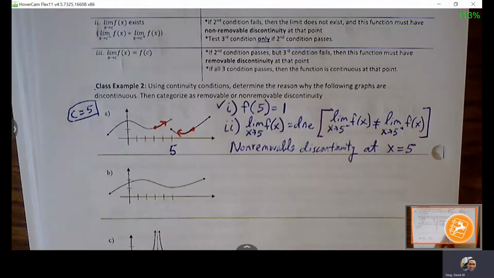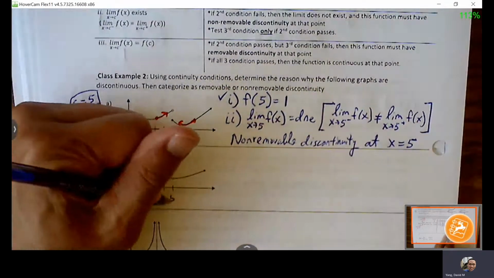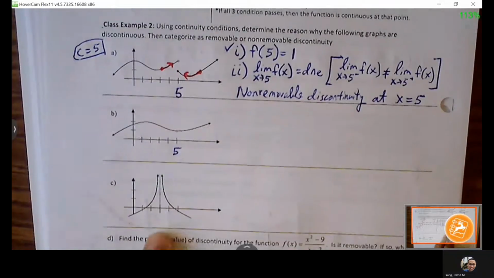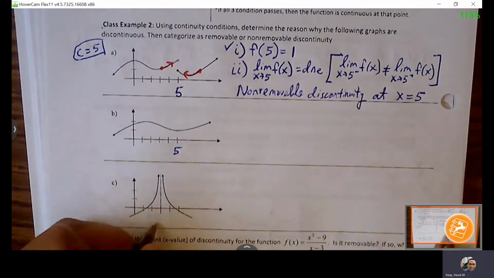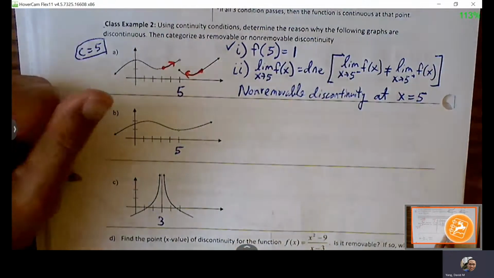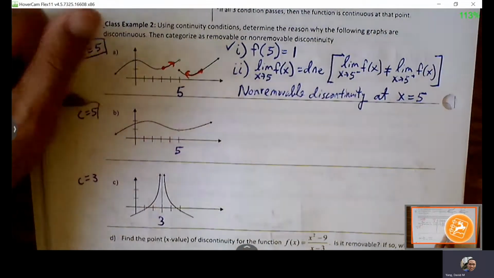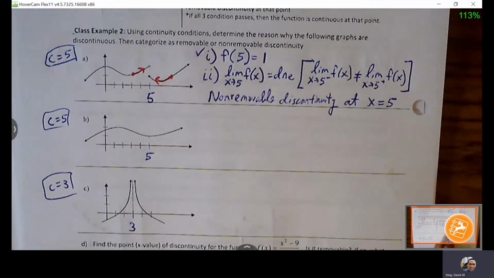So here, what is the c value for part B? 5, still 5, right? What's the c value for part C? 3. Okay, so make sure we are focusing our attention at the points, the x value in question. Okay, try that.